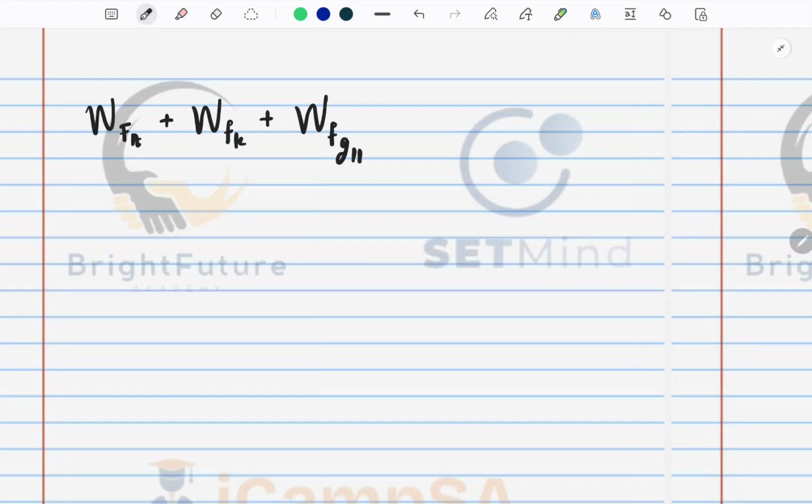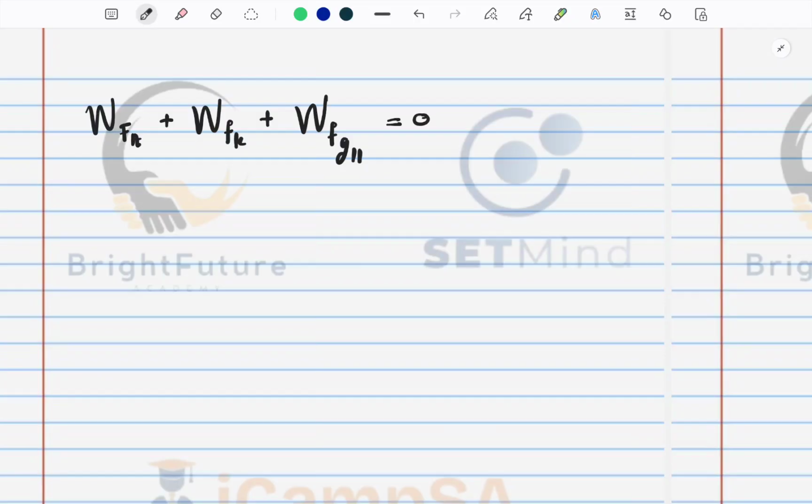But the work done by the normal force is going to be 0 because it's perpendicular to the movement. Also, the work done by the FG perpendicular is going to be 0, so we cannot account for that. Okay, right, and then you're going to have 0 here.